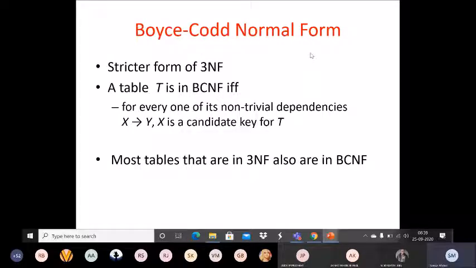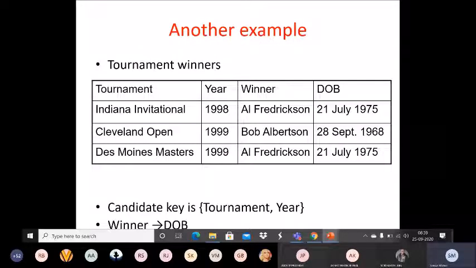Boyd-Codd normal form is a stricter form of 3NF. So again we will go back to 3NF and try to understand.